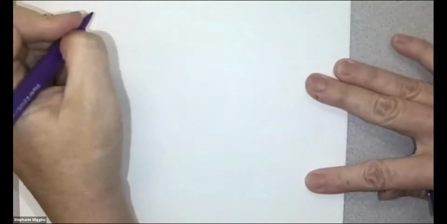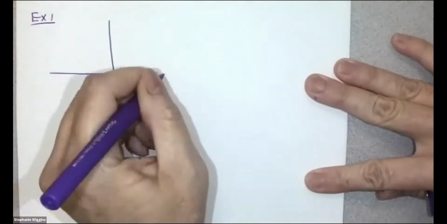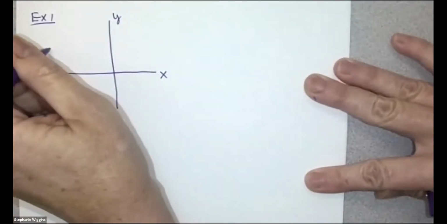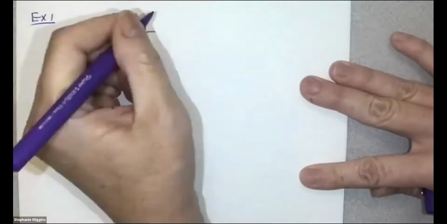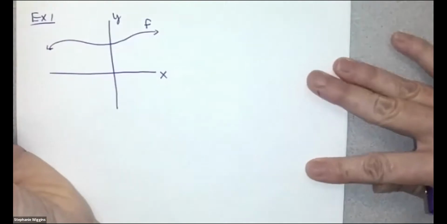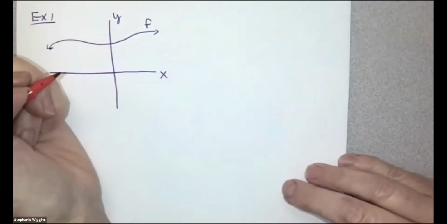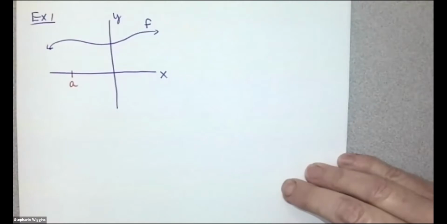Okay, so we're looking in the rectangular coordinate system, and I have a random function here. We'll call it f. Let's consider the limit values around a certain point. Let's say a is there.